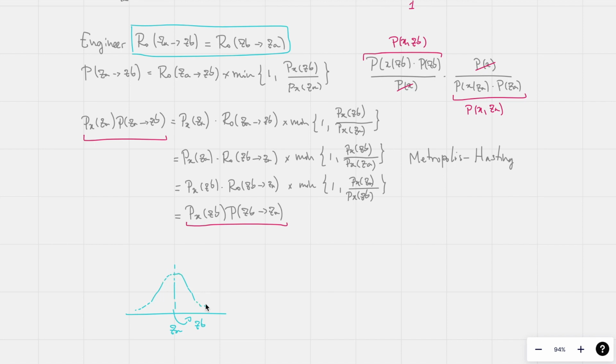So the chance of going from ZA to ZB would of course be the same as going from ZB to ZA, because you have exactly the same shape of the distribution. It's just been shifted from one to the other. So you do the reverse move here with exactly the same probability as the forward one.